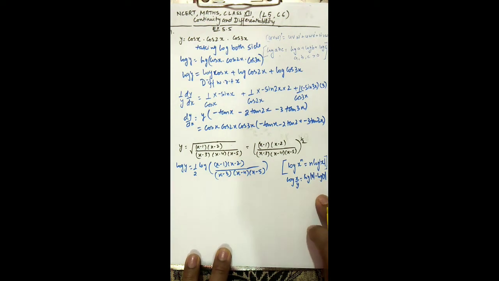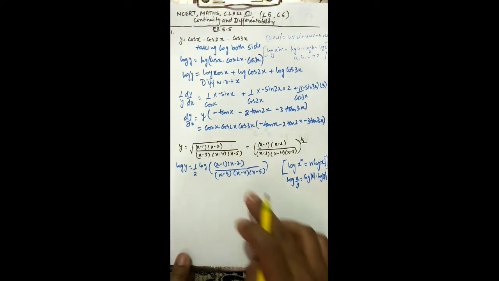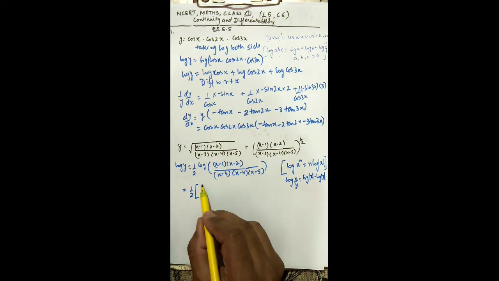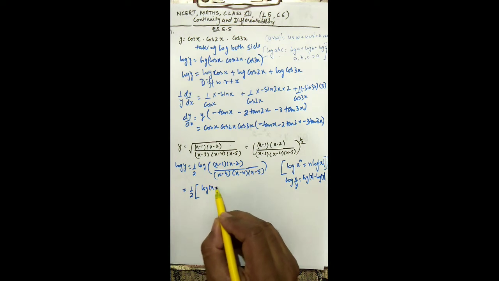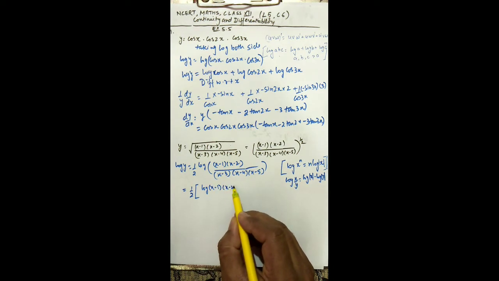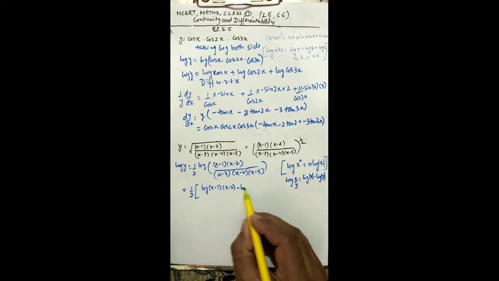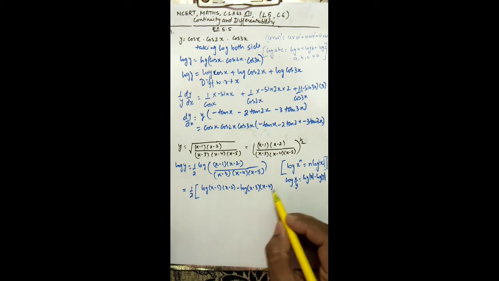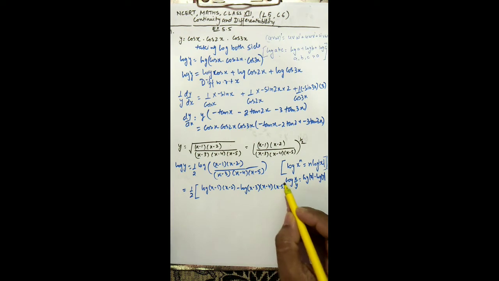So that is the other rule of log x upon y. So you can apply this formula here. So it becomes 1 by 2, and I am putting this bracket: log (x minus 1)(x minus 2) minus log (x minus 3)(x minus 4)(x minus 5).